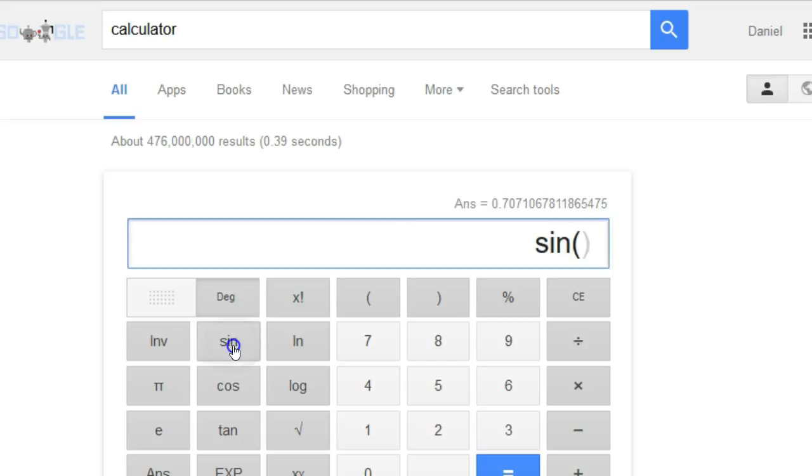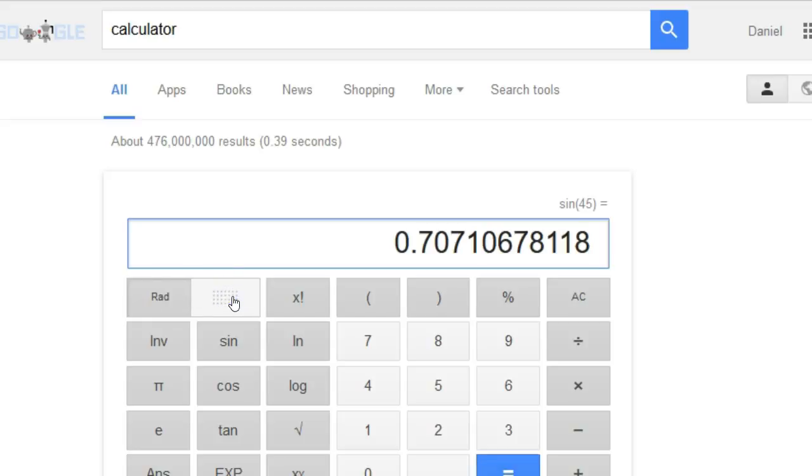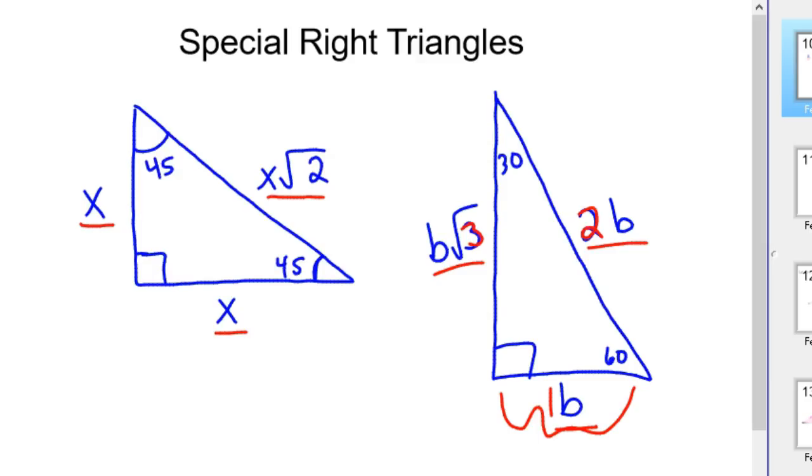So if you type in sine of 45, hit enter, and that's a .707, so they just named the Boeing 707 out of it. I'm going to switch that back, and the reason I switch that back is to remind you to do something here in a minute. And where do these come from?